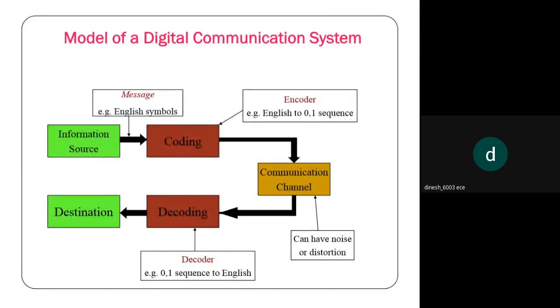Along with that, noise gets added as the distance between the transmitter and receiver, or between source and destination, increases. Okay. So this noise has to be eliminated or minimized as much as possible. This is our aim or target for each and every communication engineer.